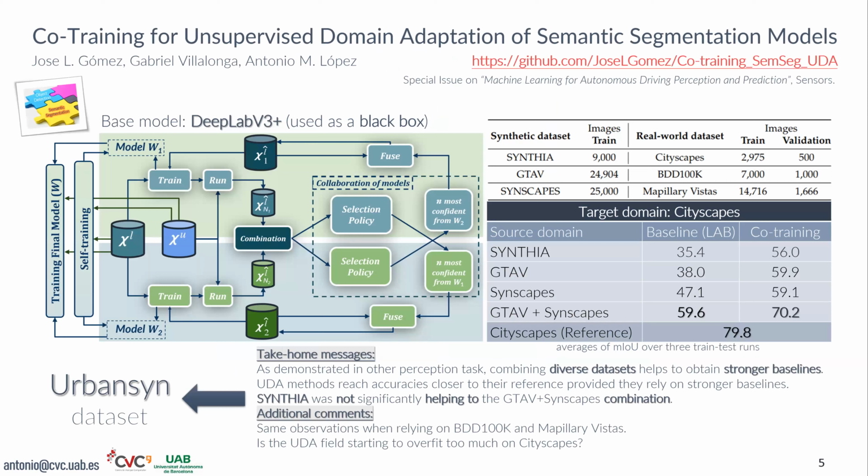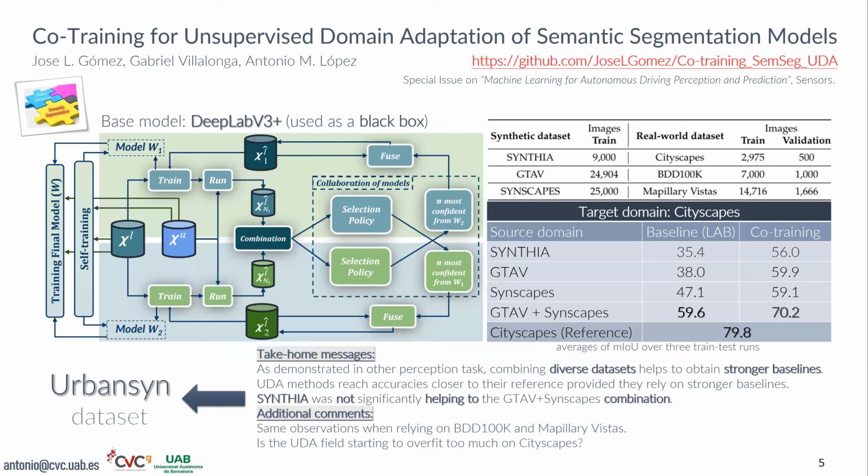So this work started with a previous work that we were doing on domain adaptation about one method called co-training. And in this work, we were dealing with semantic segmentation. Previously it was object detection.